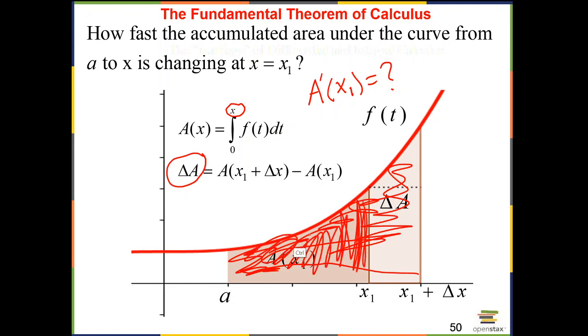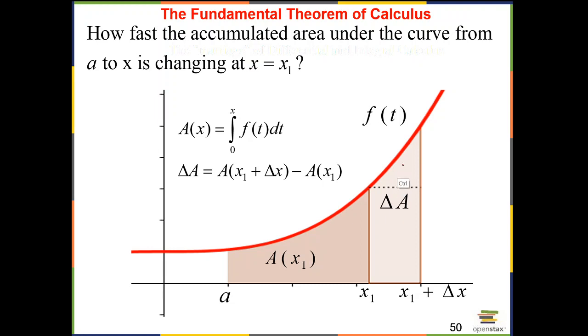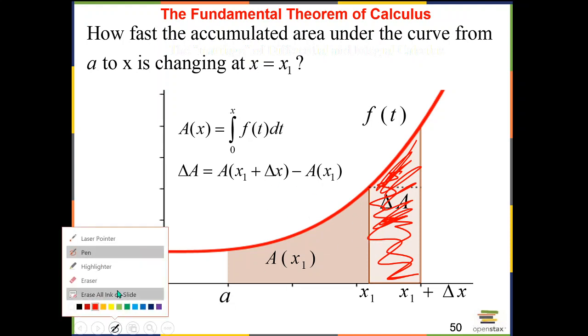So this big area minus this area, that's delta A. And I have indicated what delta A is. Delta A is all of this, including this part right here. There's a little triangle and there is a rectangle. Okay, so that's delta A.